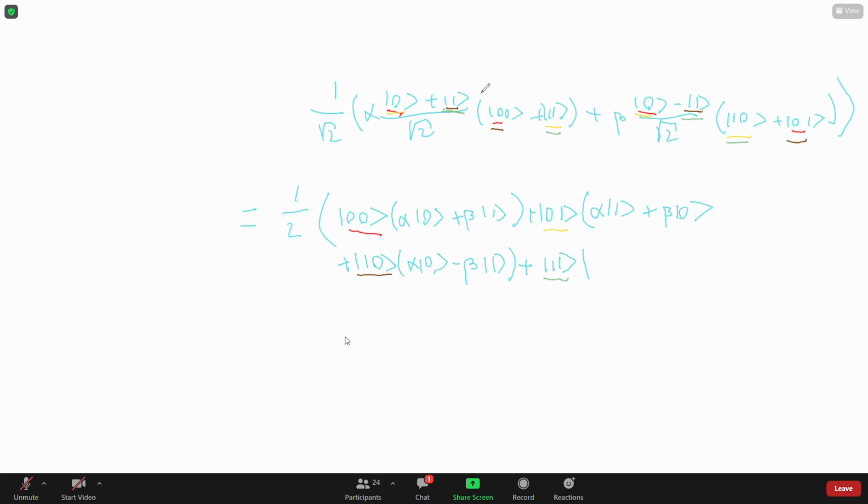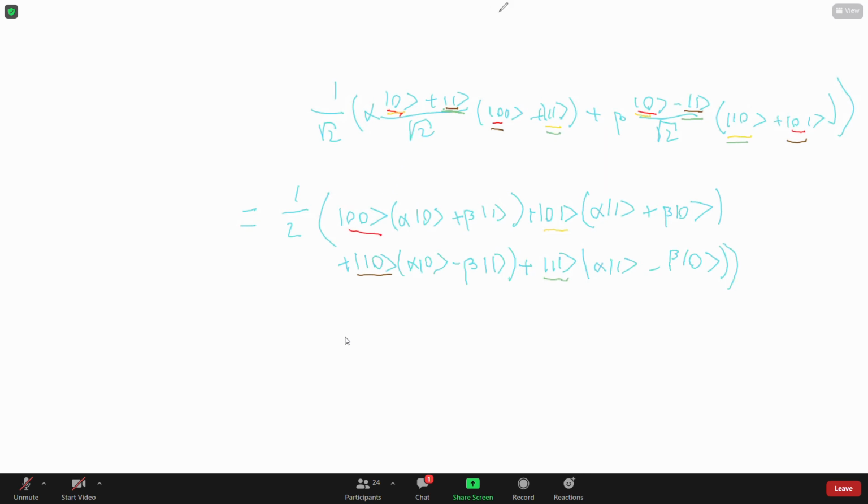So here we see that we get alpha, and this one is a 1, so we get alpha |1>, plus, no, sorry, here's a minus, so minus beta |0>. Like this. So this is our state.